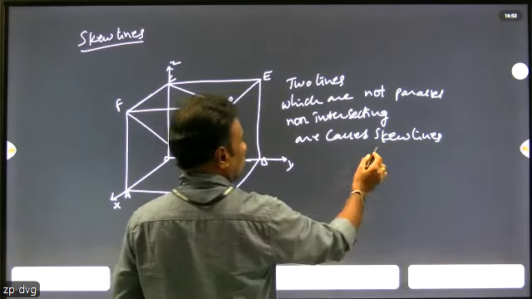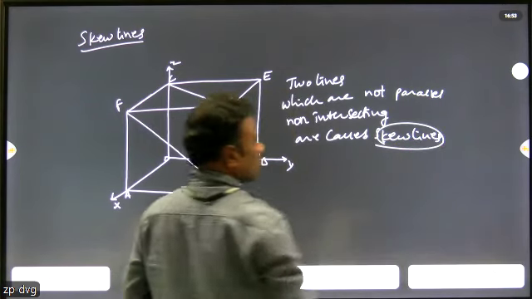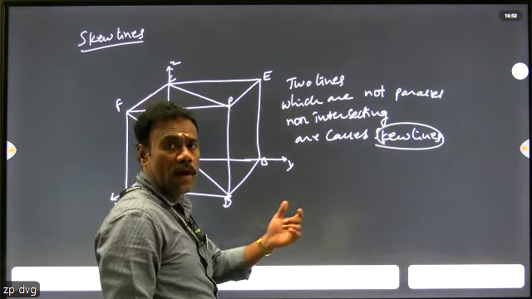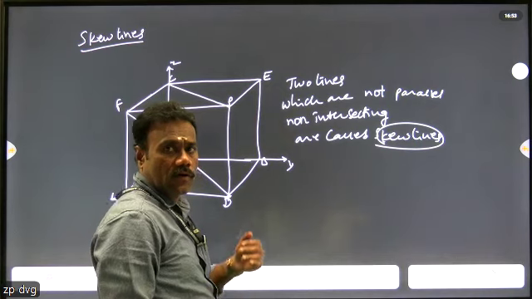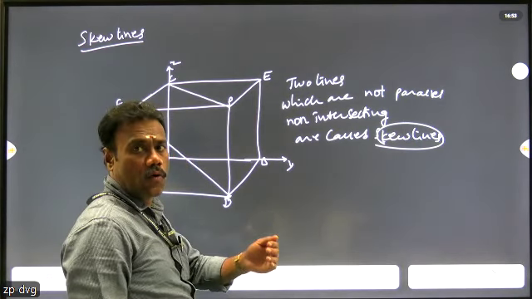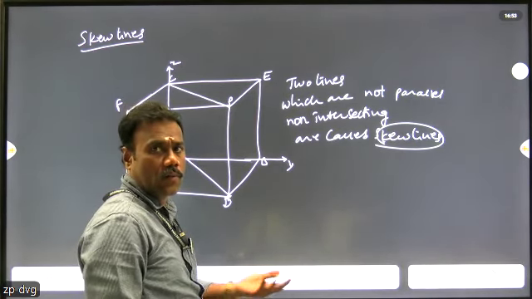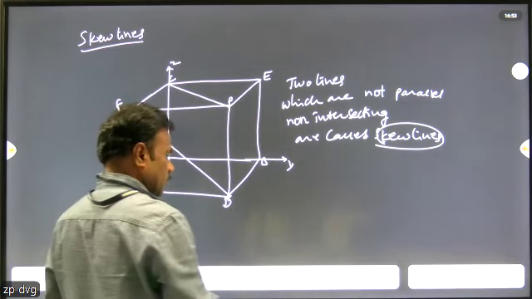That means skew lines are non-coplanar lines. So skew lines are called non-coplanar lines. If two lines are non-coplanar, those are skew lines.